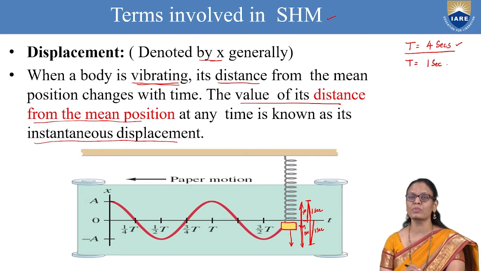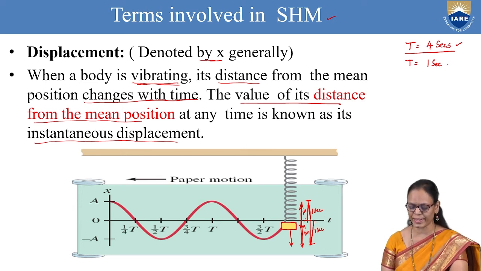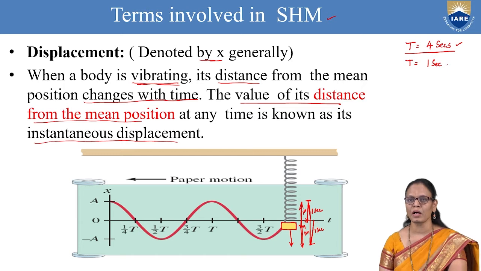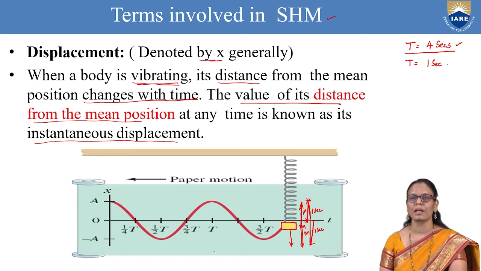Now let us understand how the position changes with time. At 0 seconds the object is here. After 1 second the object is here. At 2 seconds, the object is again at the mean position. At 3 seconds, the object is here, and at 4 seconds, it is here.